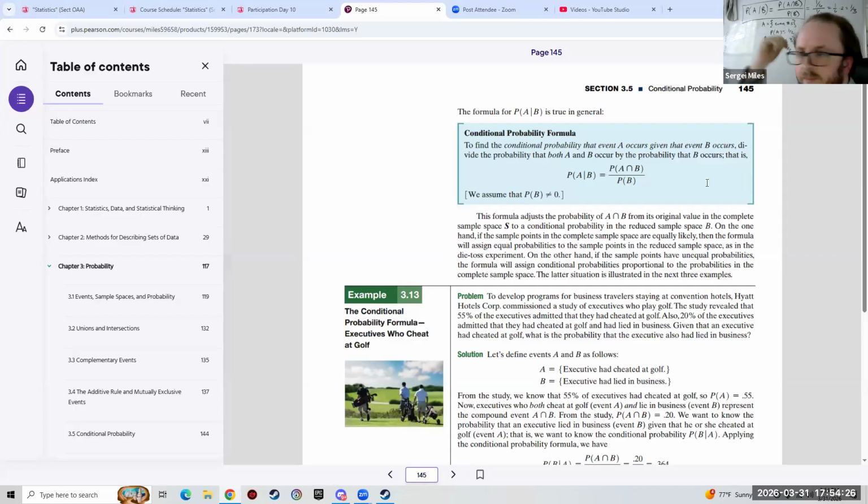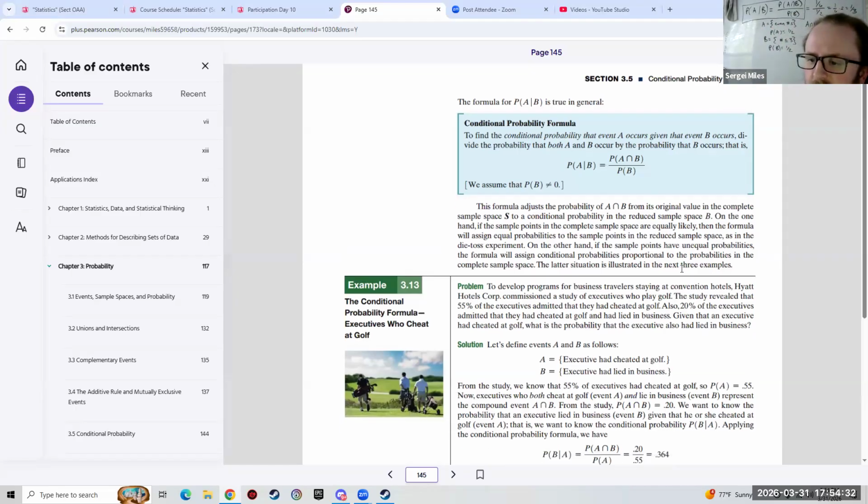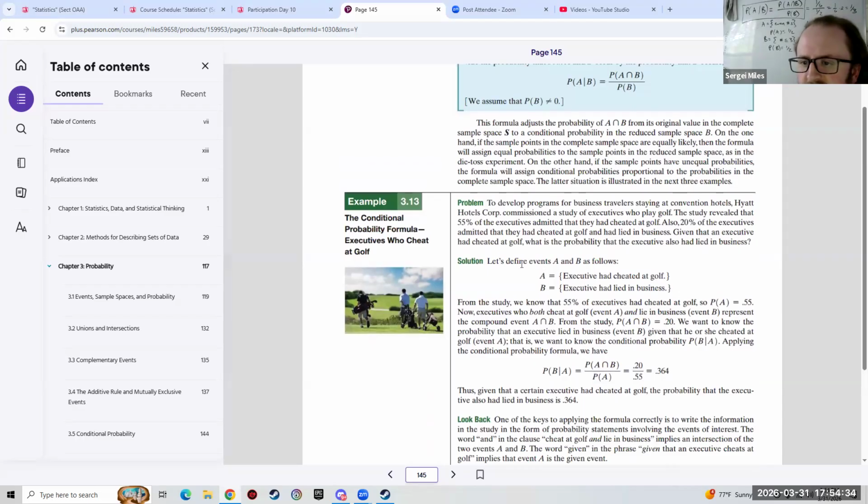The probability of A conditioned on B is the probability of their intersection divided by the probability of B. Now, they give us this first example here, which is different from what we just did, where I would list out all the possible sample points. If I'm taking a survey of hundreds or thousands of people, then I don't want to list all the sample points. That's going to be a lot of work, right? So consider this example.